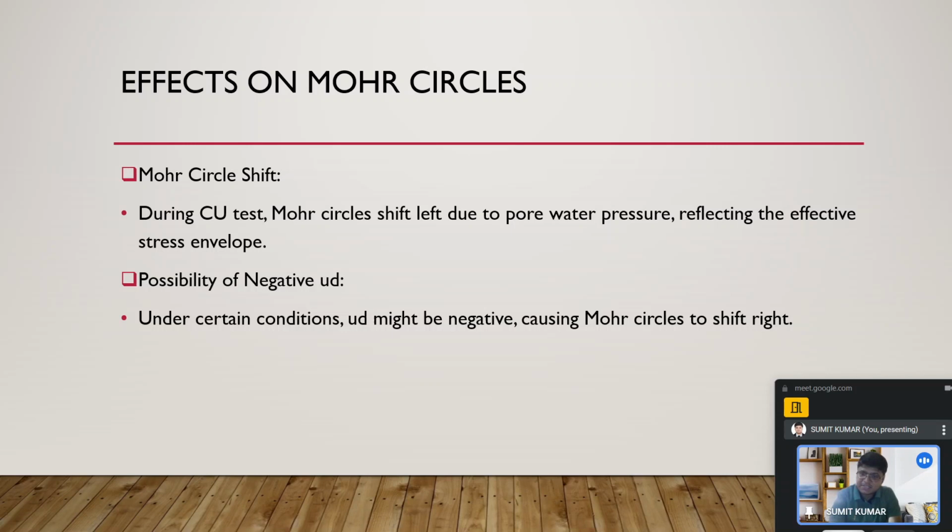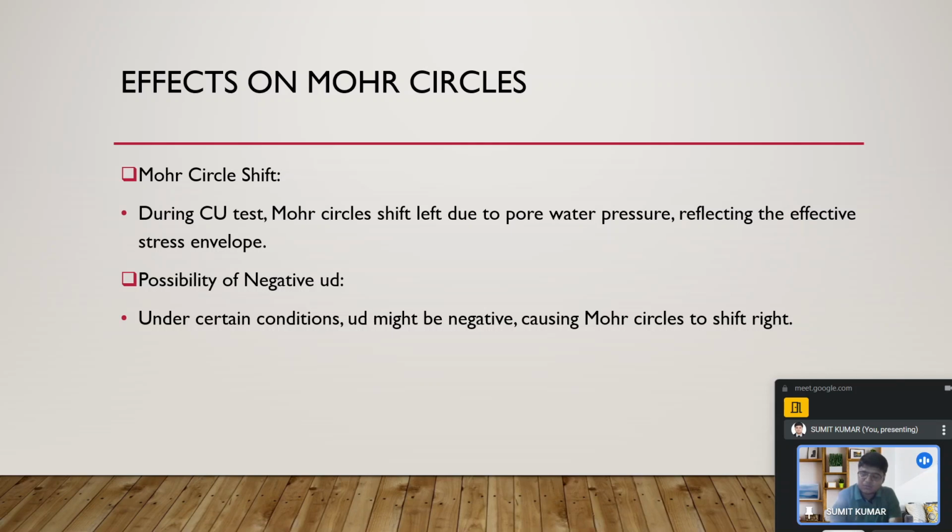Earlier we started our discussion with the Mohr circle. We stated the significance of the Mohr circle, and what the value of major and minor principal stress is, how we could get the value of major and minor principal stress on the Mohr circle. So we will go into that.